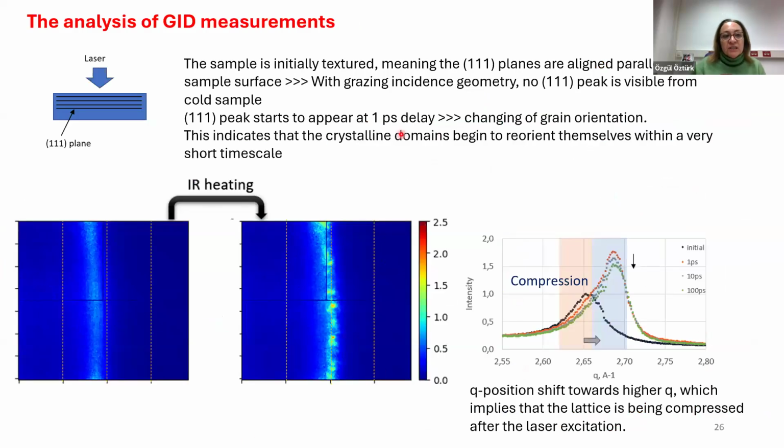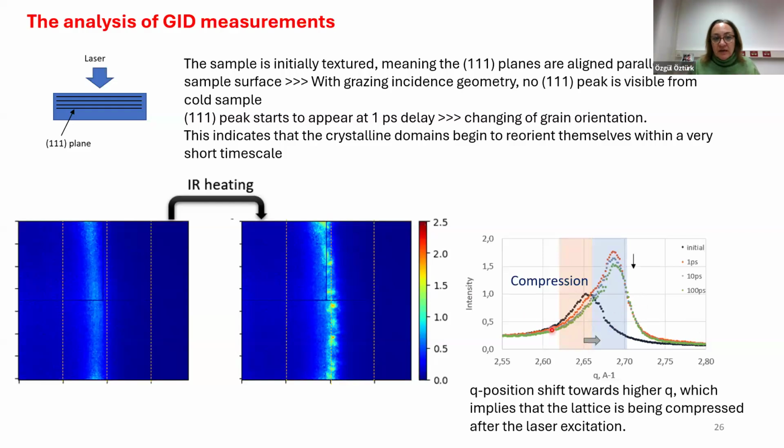And from the GID measurements, what do I see? This was before the heating, before the pump laser. After the pump laser, we have a much more pronounced ring in the GID pattern.